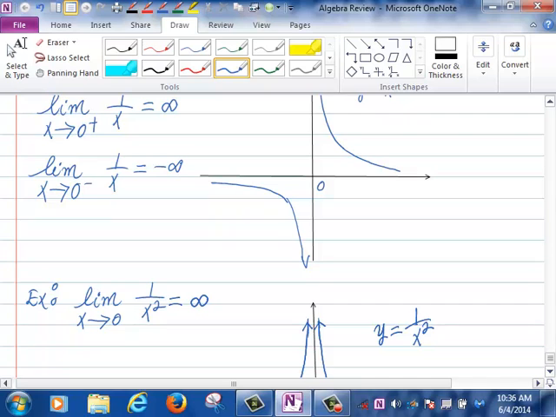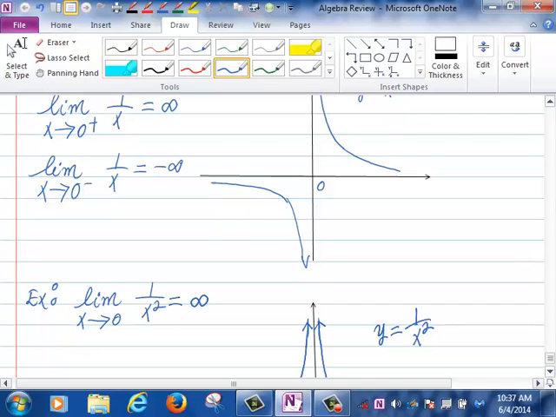What's happening with these two? Notice that in this case, when x is close to 0, on the right side of 0, then 1 over x is positive or negative? Positive. When x is close to 0, on the right side of 0, 1 over x is positive. But because I'm dividing 1 by smaller and smaller numbers, the fraction is getting bigger and bigger. That's why I'm getting infinity, okay?